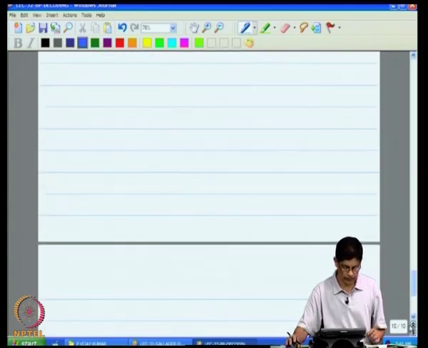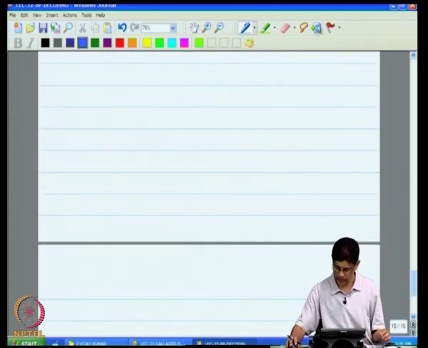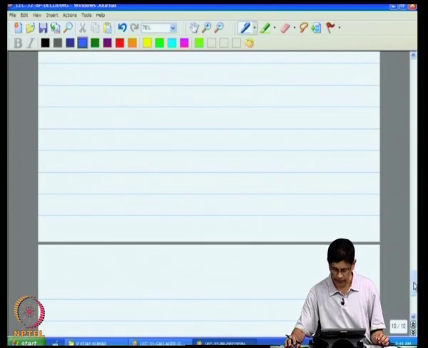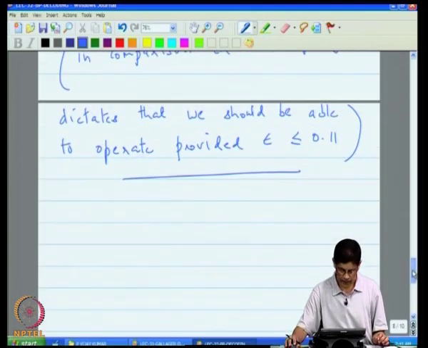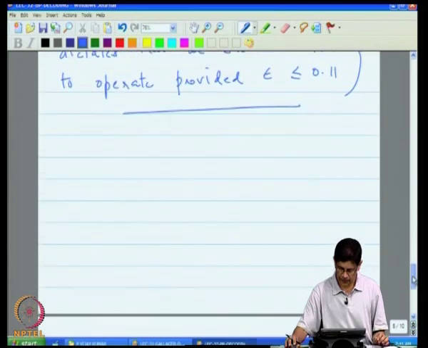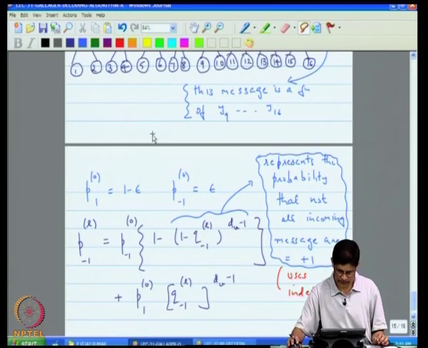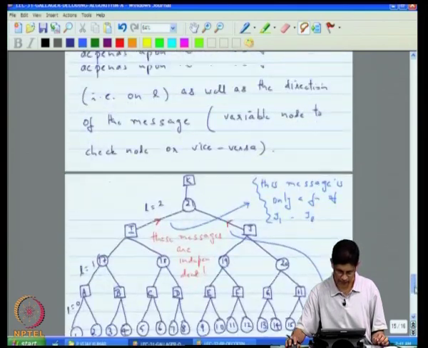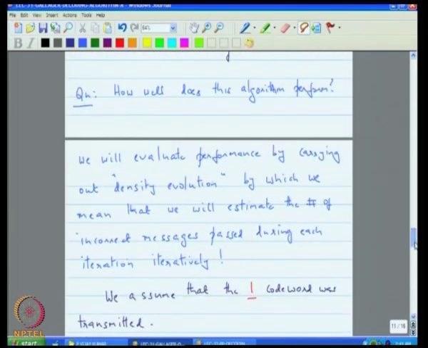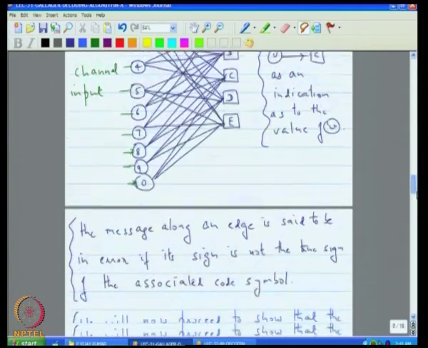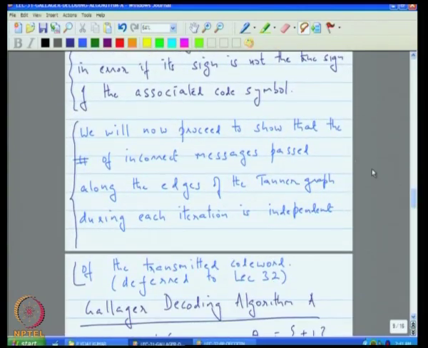Okay, so that finishes our analysis of Gallager decoding algorithm A. What I'd like to do next is go back to our last lecture and prove something that we had left unfinished last time, namely the proof of this particular statement.